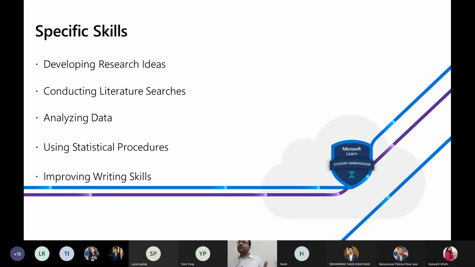And analyze your work, and then analyze the data that are important for conducting your research. Data. You cannot conduct research without data. Data is the first and foremost thing that you need, because without analyzing the data, you will not be able to find any concrete conclusions, or your own perception about the data.